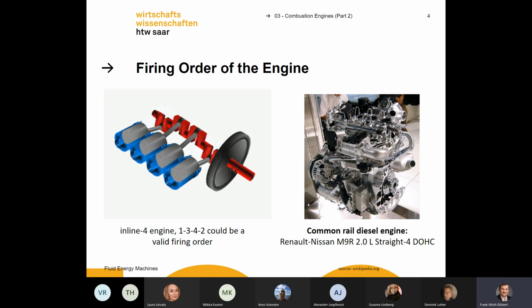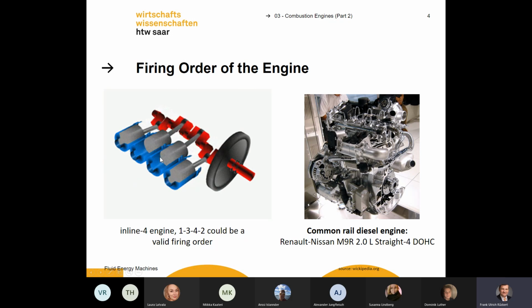Yeah, it's an interesting topic. Of course, the design of the crank is really complicated. There can be a lot of different designs and also firing orders. Here you see a firing order 1, 3, 4, 2. That means the first cylinder will be fired first, and then the third cylinder.